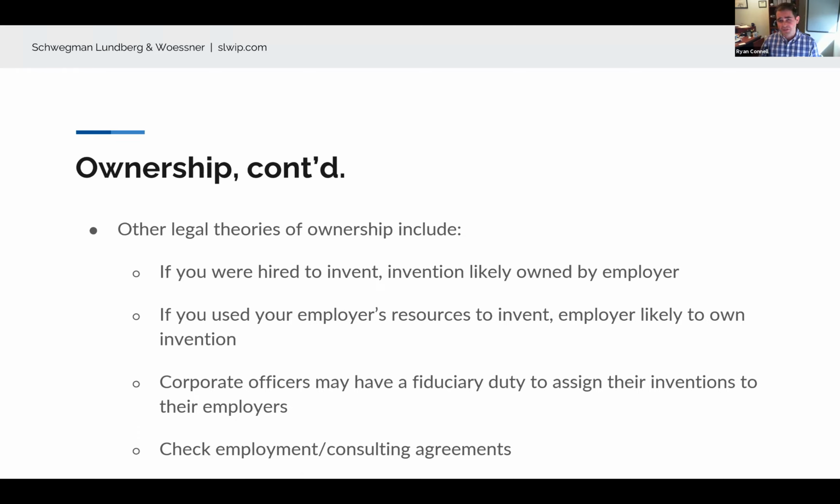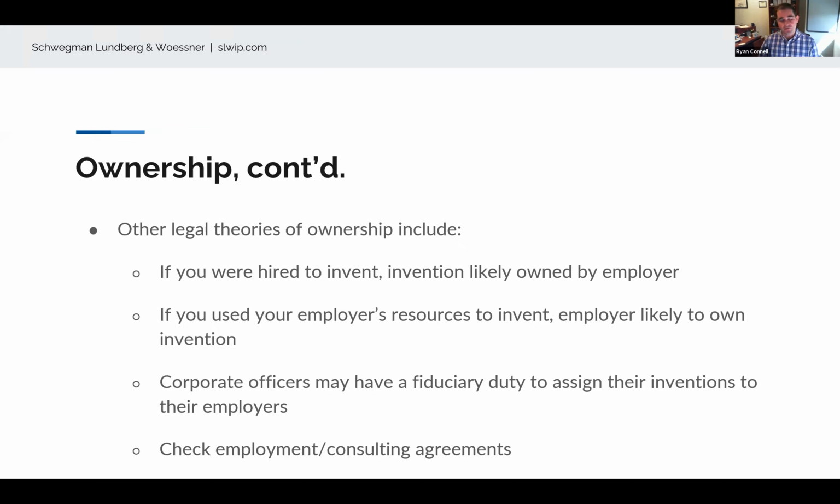If you're a corporate officer, so you're not hired necessarily to be an inventor, but say that you do some inventive activity and figure something out, this gets deep into corporate law, but you might have a fiduciary duty to assign your invention to your company.